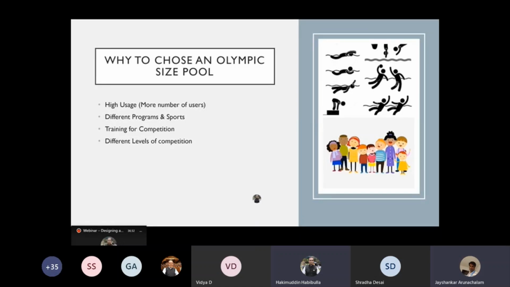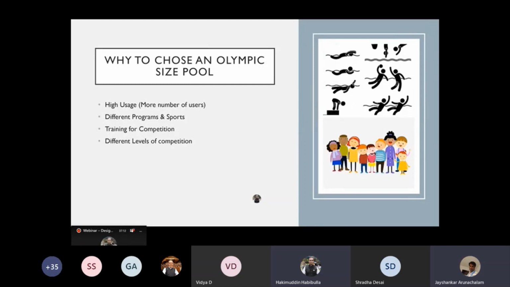The majority are built by the municipal corporation, some by the armed forces, and today we see a growing number coming up by private enterprise and schools. But an Olympic-sized pool means a 50-meter pool and needs careful attention in terms of usage, because normally pools need enough programs and participation to be financially attractive and maintainable in the future.